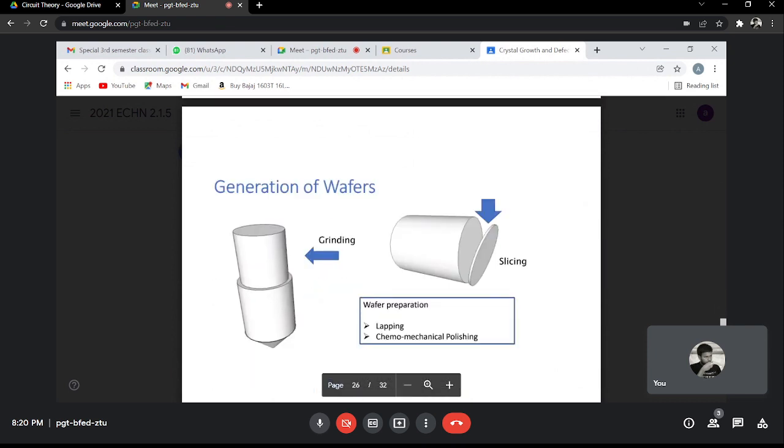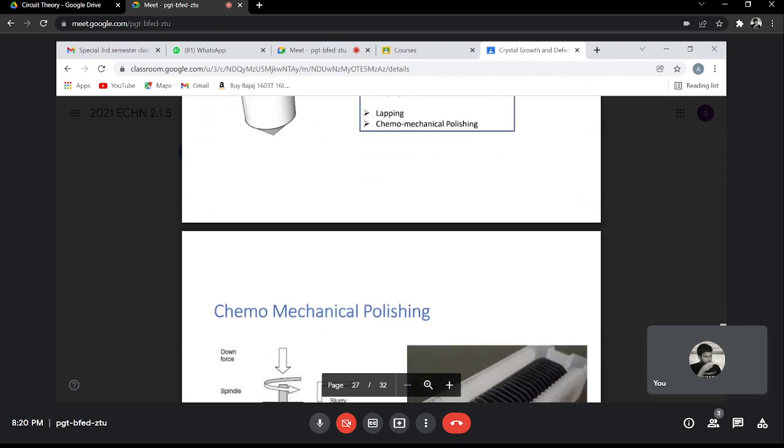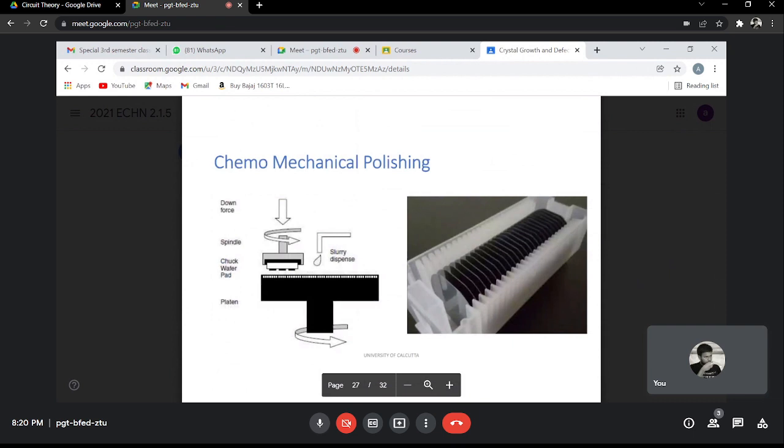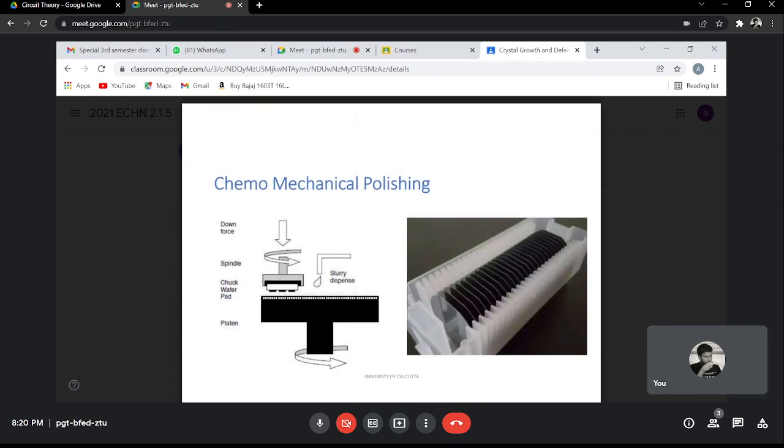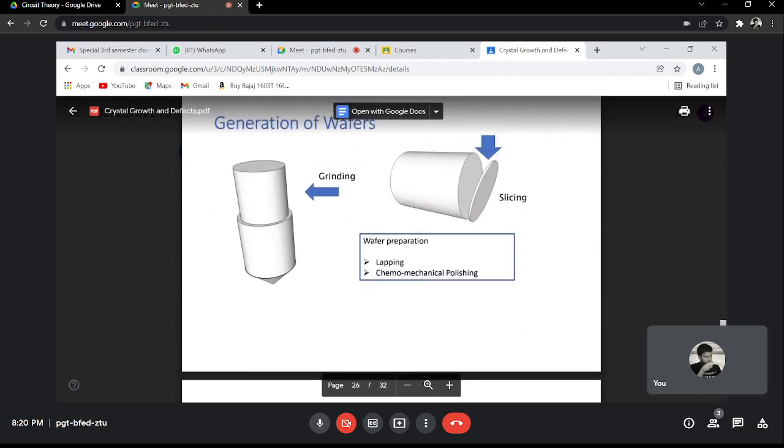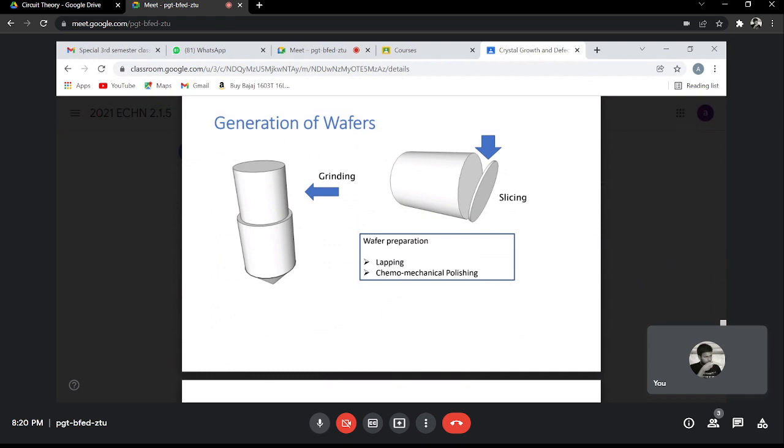You take this rod, grind and polish it, slice it, and then there's something called chemomechanical polishing, where you polish the surface to make it defect free because of the slicing. If you look at the slicing, obviously you're using some sort of a saw, and the surface is obviously damaged.